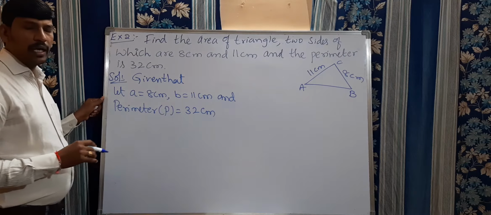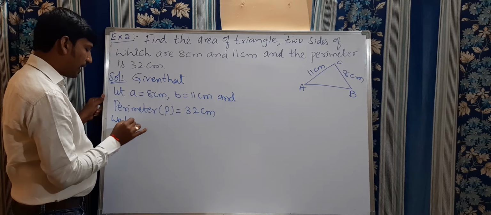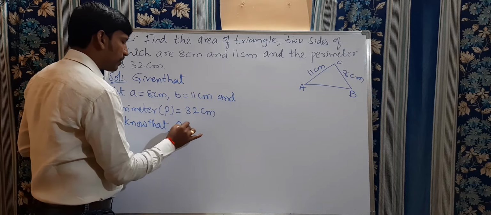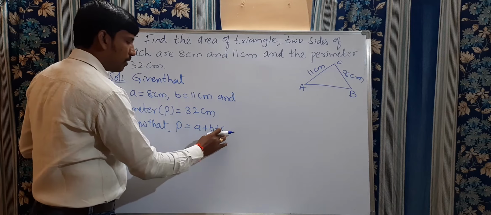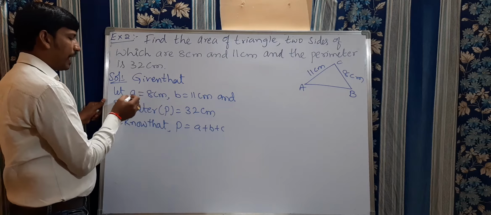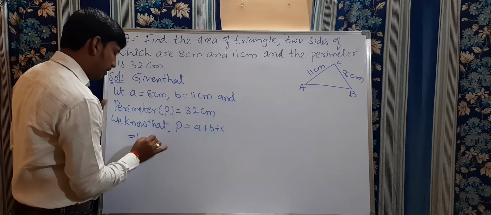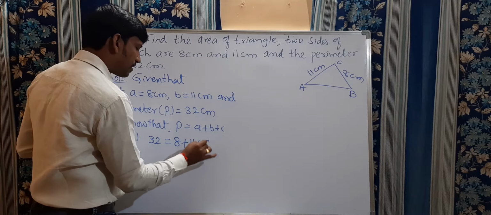So generally, what is the perimeter? We know that perimeter P is equal to A plus B plus C. Now from this substitute P value, A value, B value in this, you will get C value, which implies P is equal to 32 is equal to 8 plus 11 plus C.